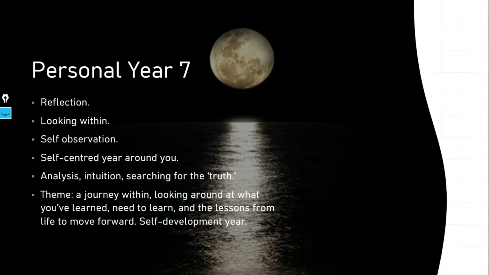If you find yourself listening to lots of audiobooks on a certain topic, or reading lots of books on a certain self-help topic, or trying to improve or upskill yourself in some way, and you've had a year like that in the past, look back, because you could have been having a 7 year. But if you're going into a 7 year, then this certainly could be the theme for you as well. Or even if you don't feel that it should be a theme for you, it's a good year for it. It's a very, very good year for self-development on an inner level.